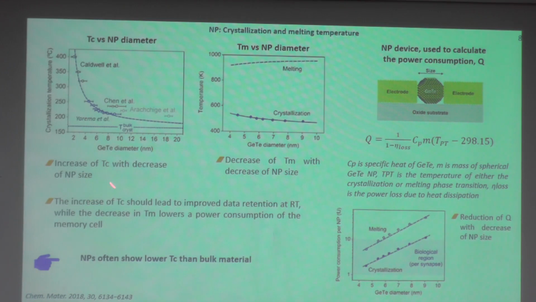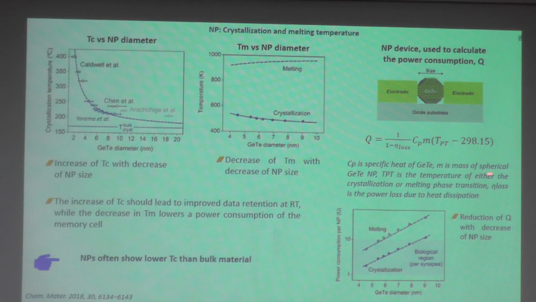So here, these authors also did some estimation of power consumption of such nanoparticles. They use this device scheme, with electrode, oxide, substrate and this germanium telluride, and they use this equation to calculate the power consumption. Here Cp is the specific heat of germanium telluride, and this is the mass of spherical germanium telluride.